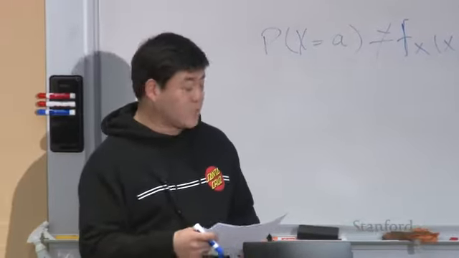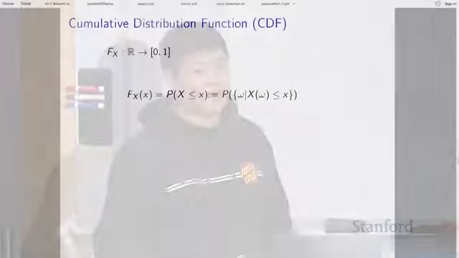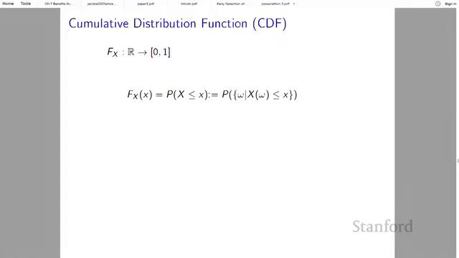Now the cumulative distribution function is essentially an integral of the probability density function. This cumulative distribution function is a function that takes on a real value and finds out the probability that x, the random variable, is less than that certain real value. So in this case, the cumulative distribution function at a real number x is equal to the probability that big X is less than or equal to x.